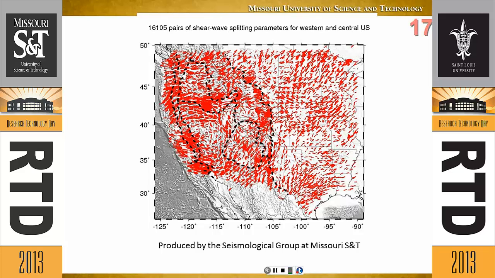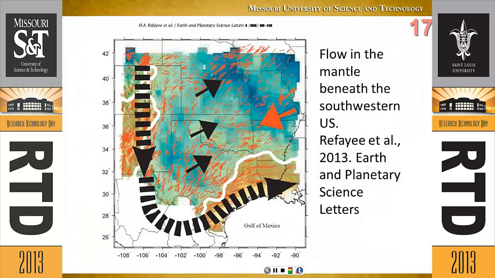You can see the major features of what we call mantle flow, the flow beneath in the mantle, about 200 kilometers deep or so. You can see a very nice pattern of the flow. Several students published a paper with us, because we believe it's caused by this kind of mantle flow going around North America. So that's one of the results of this kind of practice.